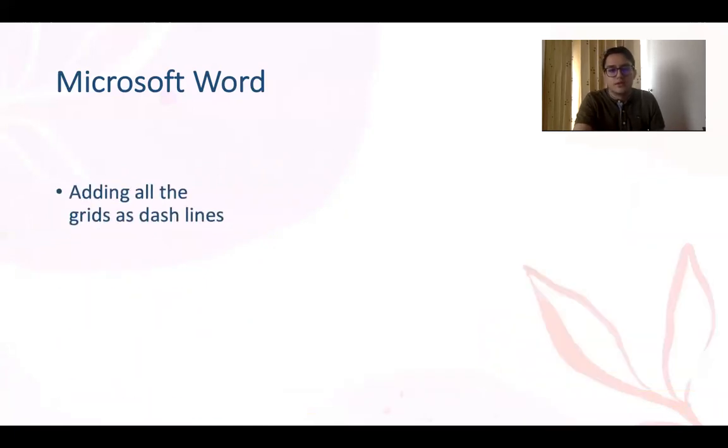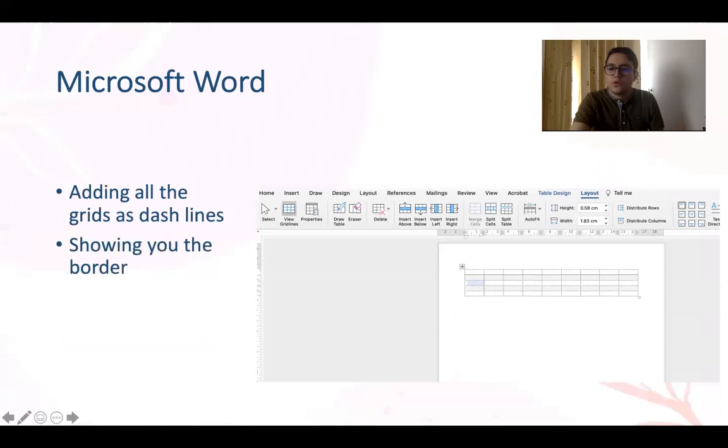Adding all the grid lines as dashed lines, showing you the border. Sometimes when you create a table, it doesn't have visible lines in some areas, so it's separated only by color. But sometimes you need to know where the border is, so it's easier to make the table. Adding grid lines will help you. You go to the layout option and click view grid lines.